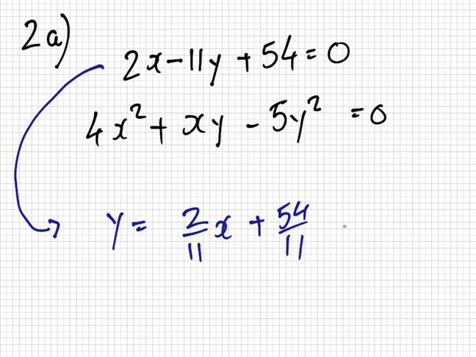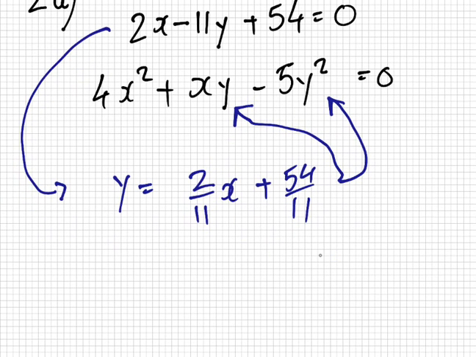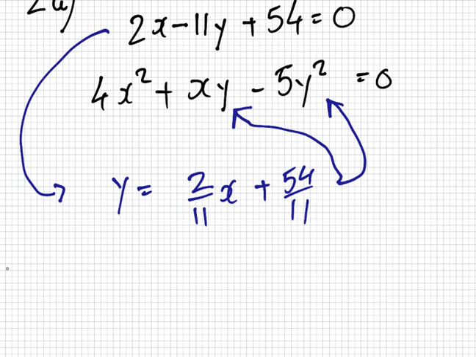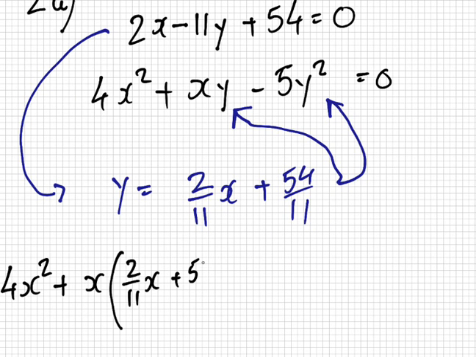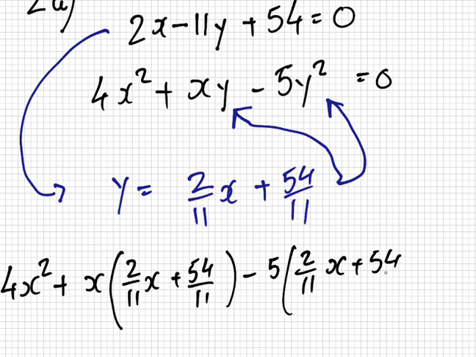So, I take this answer and substitute it into the second equation for y. So now, I get 4x squared plus xy minus 5y squared equals 0.